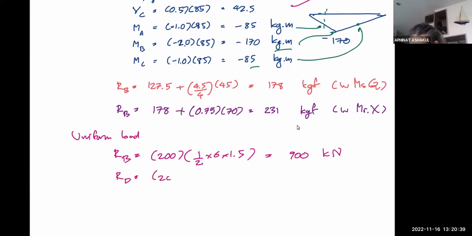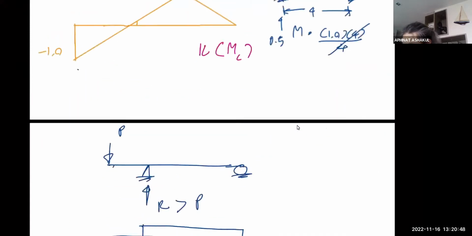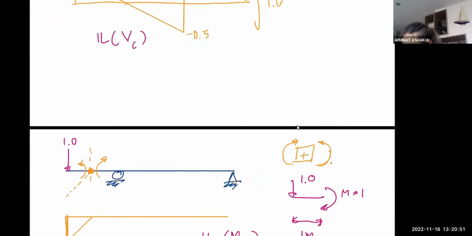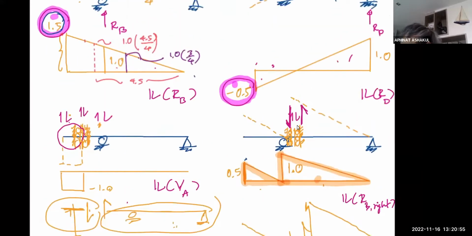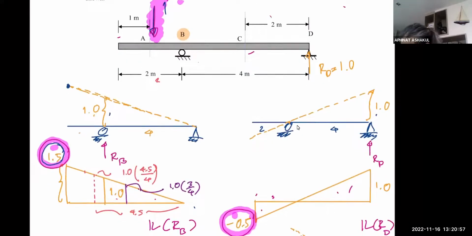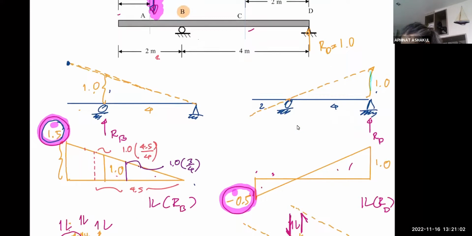It's 200, right? The load. The area is now a half of, let us go back, sorry. We have the positive area here. Oh, I should do it on this one. We have the positive area here, and we have the negative area here.